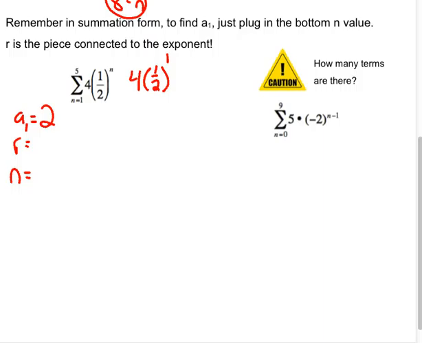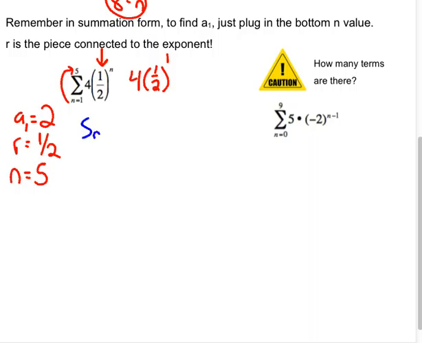The rate is actually whatever is being taken to the exponent. So in this case, our rate is just going to be 1/2. And the number of terms, if we're going from 1 up to 5, there are 5 terms that we're looking at. So again, it's really easy to get that information. You just have to remember how to pick it out of that summation formula.